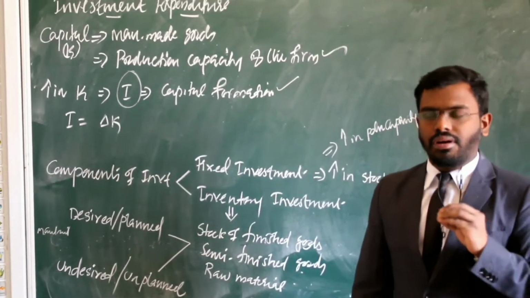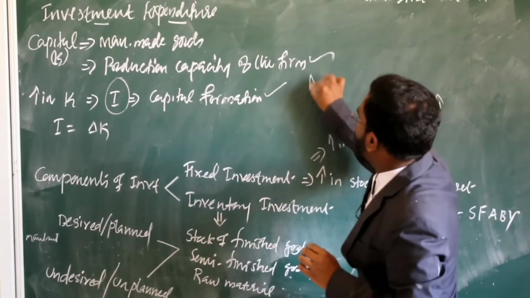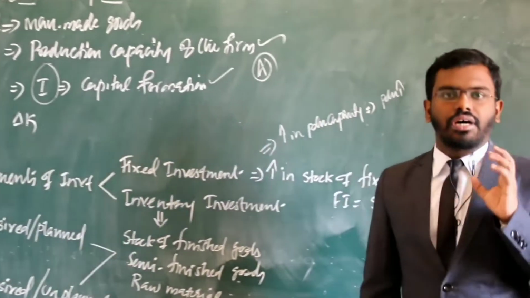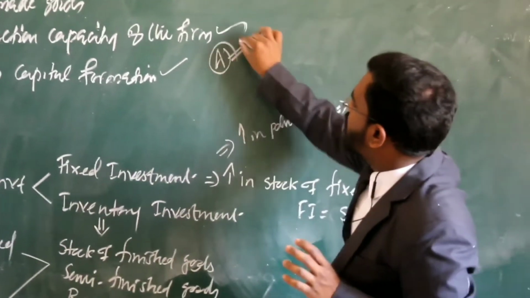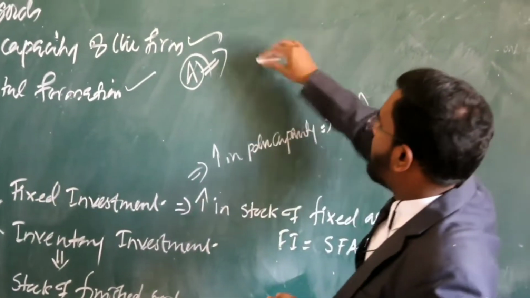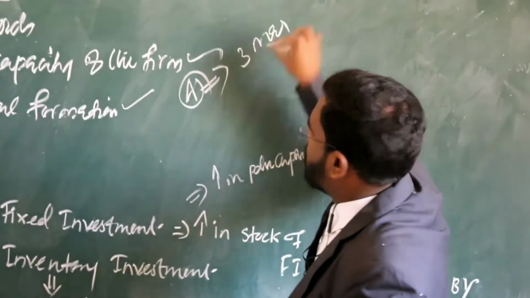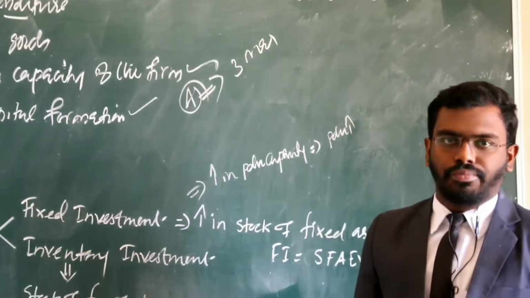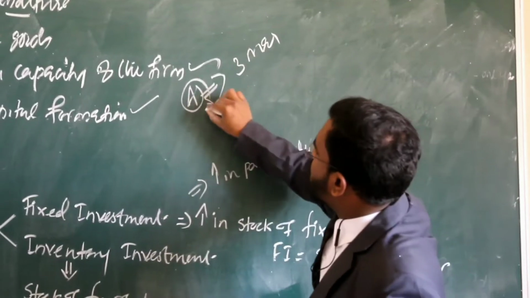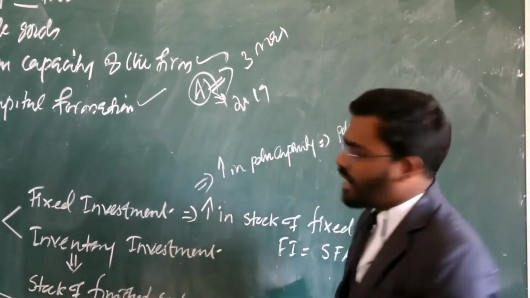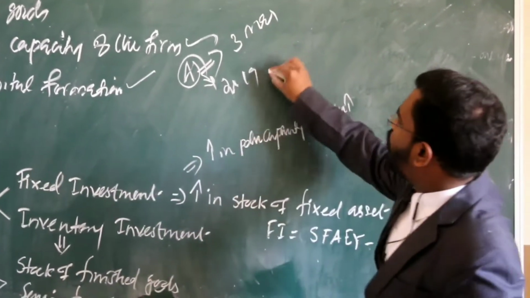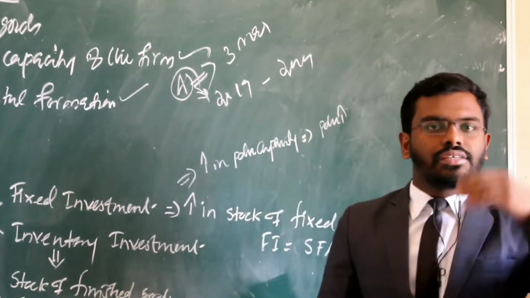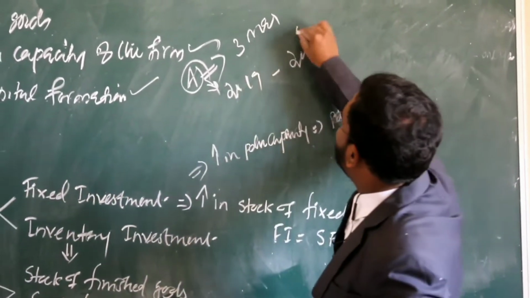For example, if an individual A is a producer and he started his business with 3 machineries. Machinery is a capital. He started his business in the year 2019, and at the end of 2019 his machinery became 5.